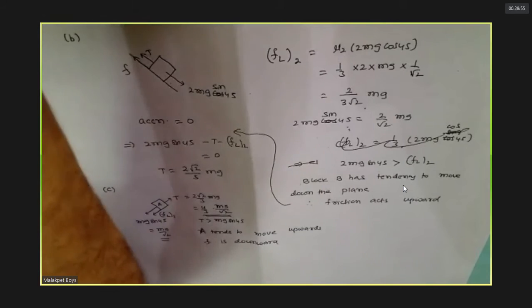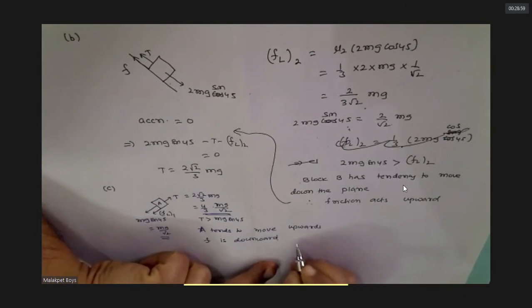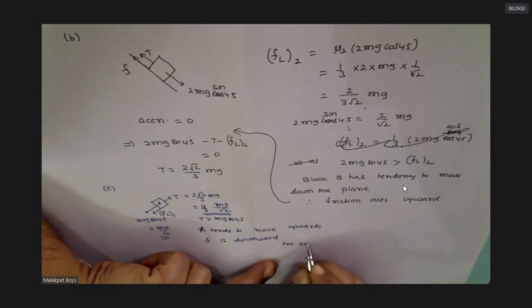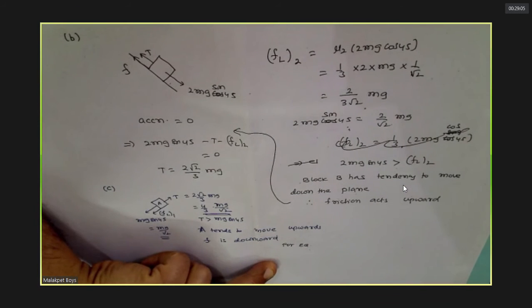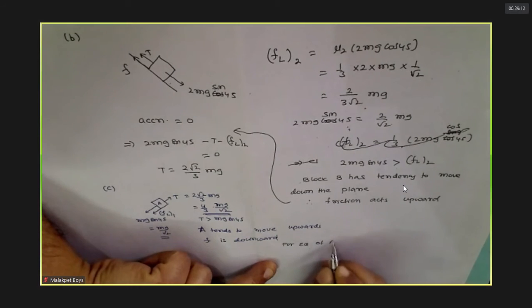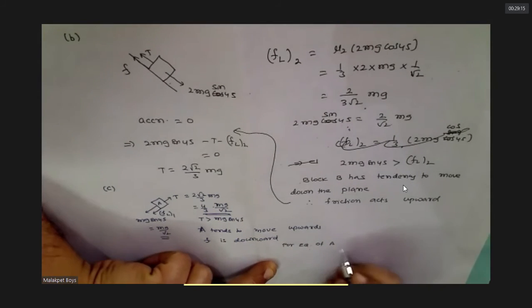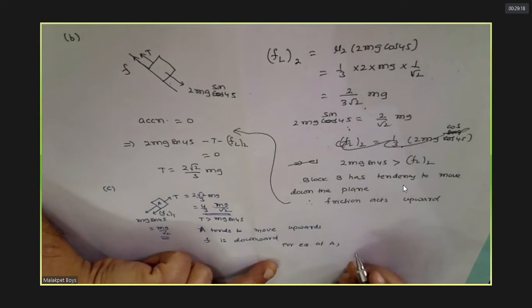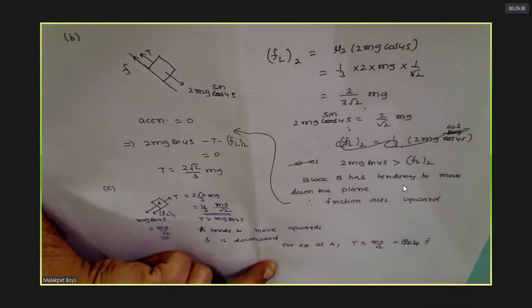Shall I turn this? So for equilibrium, T you already got. How much did you get T?